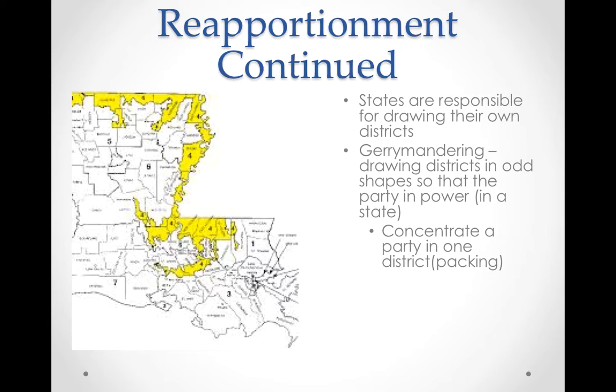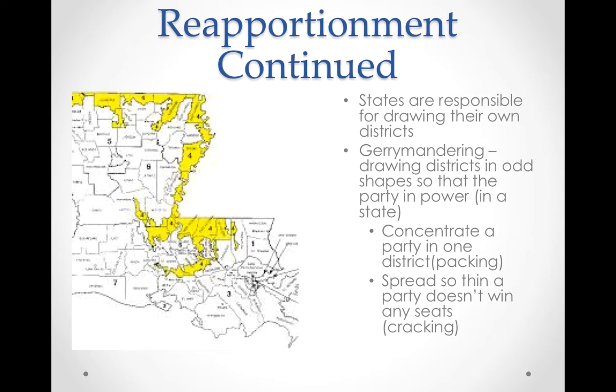And there's a couple of ways to do this. One is to concentrate all the party in one district. So let's say they know that that's where all the Democrats or pockets of Democrats are. So they're going to draw this line very oddly so that the Democrats can take that one district, but then all the other districts are going to be carried by Republicans. So that's called packing. And the other way is to spread it so thin that the party doesn't win any seats, and that's cracking up each one of the districts.